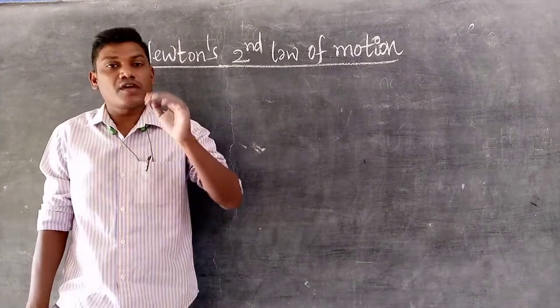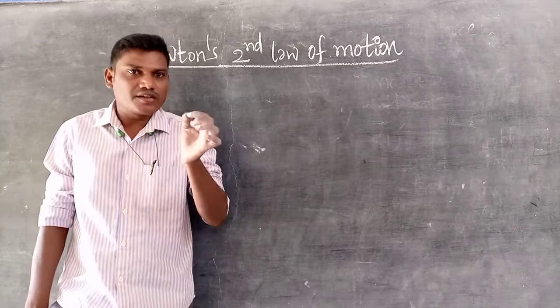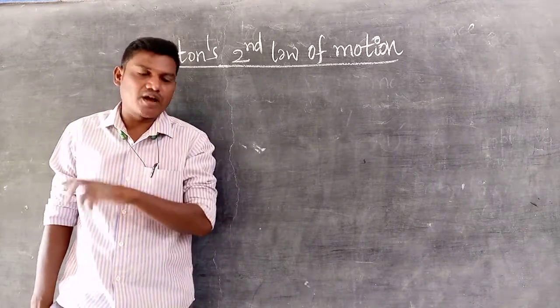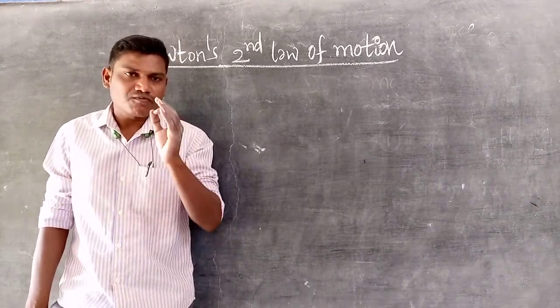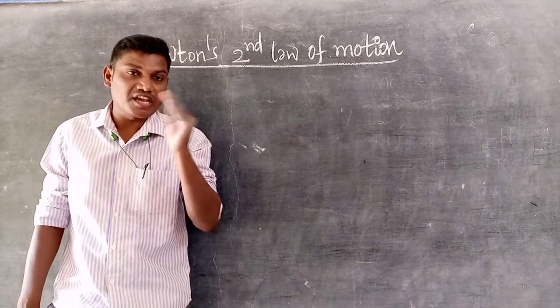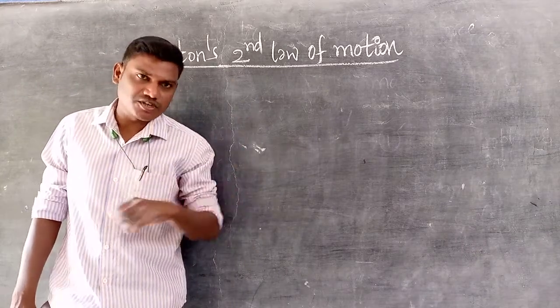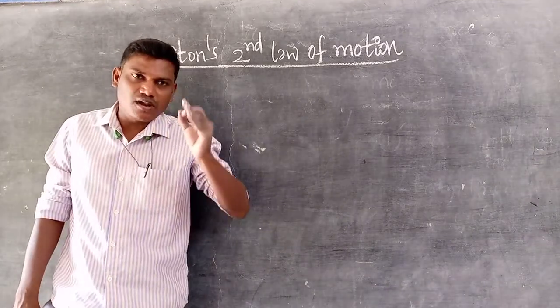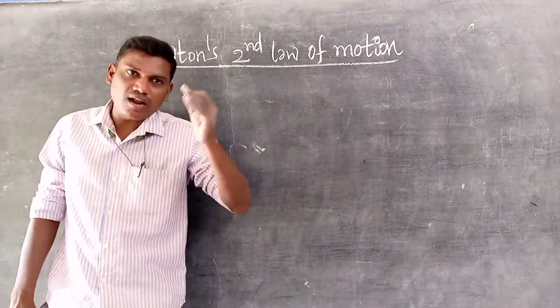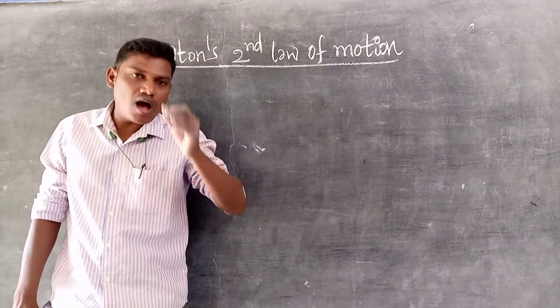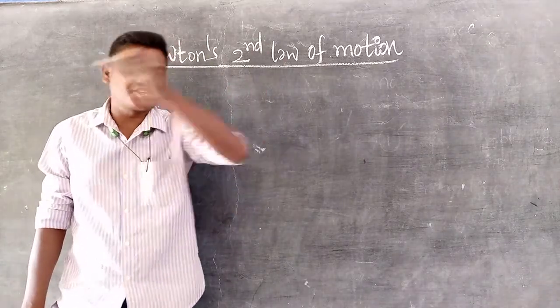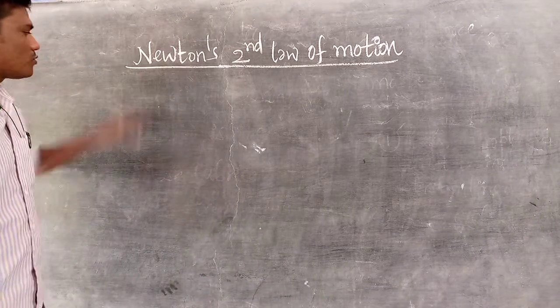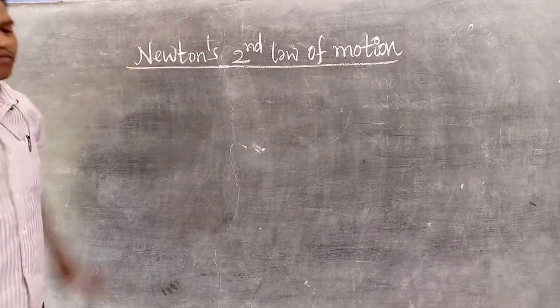But it is also called by another name, Galileo's law of inertia, because Newton's first law was proposed after he carefully studied Galileo's observation. That's why Newton's first law of motion is also called the law of inertia or Galileo's law of inertia. So what is Newton's second law of motion?